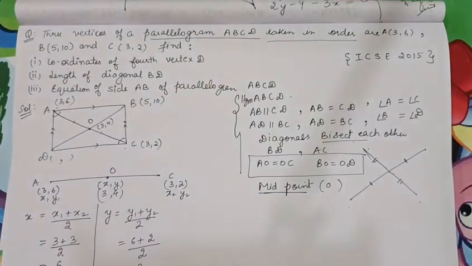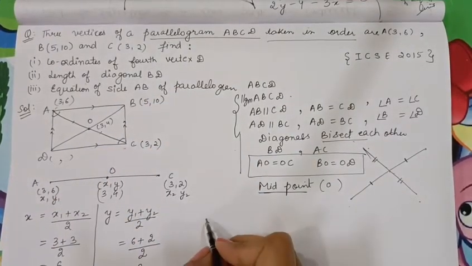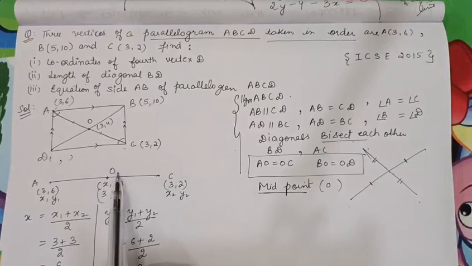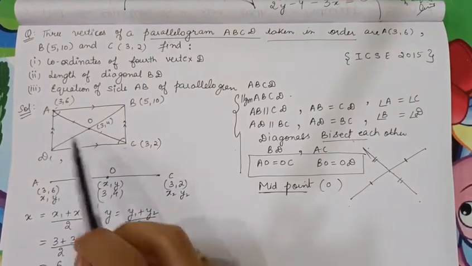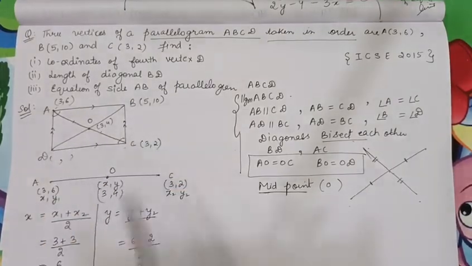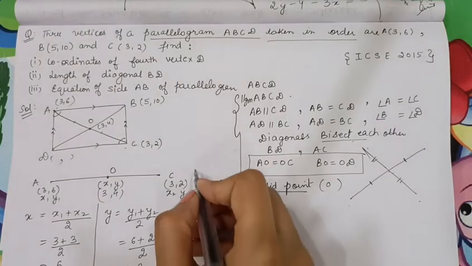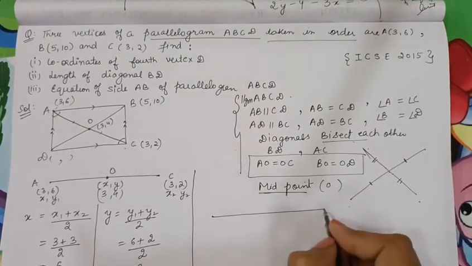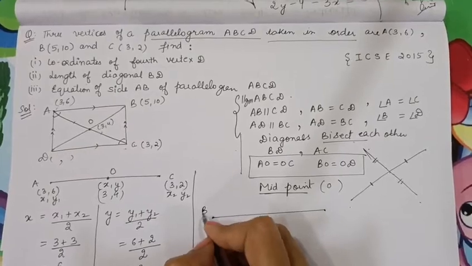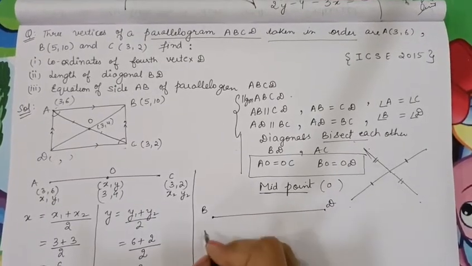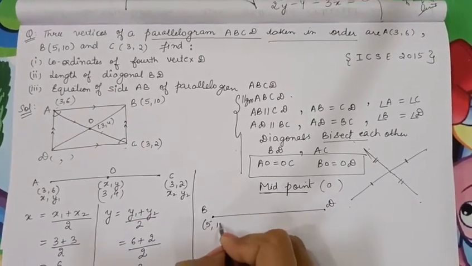Now we will make use of these coordinates. As you can see, O is not only the midpoint of side AC, it is also the midpoint of BD, because here the diagonals are bisecting each other. So if this is line BD, B's coordinates we know, I'll write it, it is (5, 10).